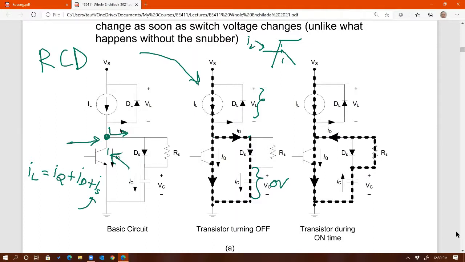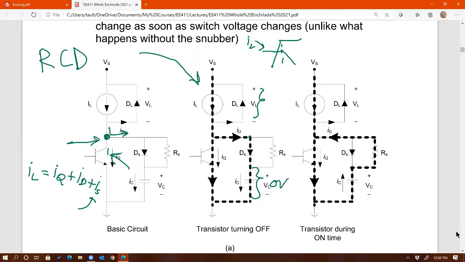We're saving power by adding the snubber, but we're redirecting the same current that would otherwise have gone through the switch.